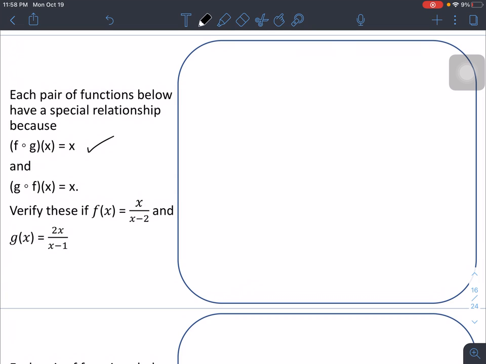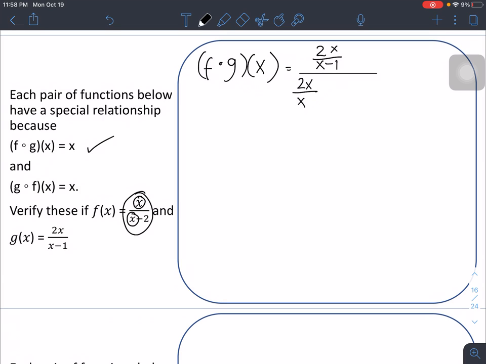So this will be f composed of g of x. So we'll need to copy this as our reference, wherein we would like to replace x with the g of x function. So g of x will be 2x over x minus 1 over 2x over x minus 1 minus 2.